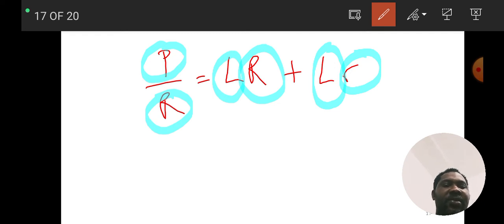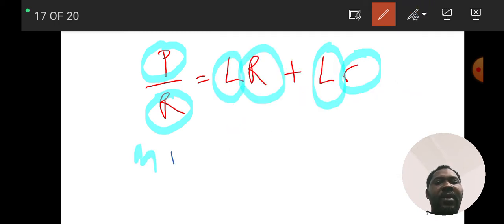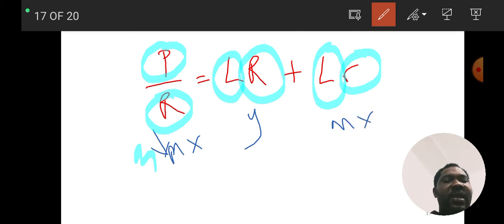So if I am to write this as an equation, I'm going to say this is mx, that's for P over R because it's a constant times a variable. Then here I'm going to say this is y, LR is a variable. Then here is also mx, so it does not look like a straight line graph. And that's because we have constant times variable equal to variable plus constant times variable, and that is not what we want.